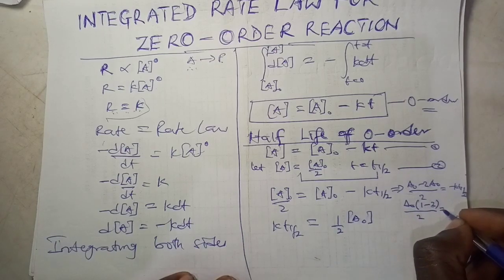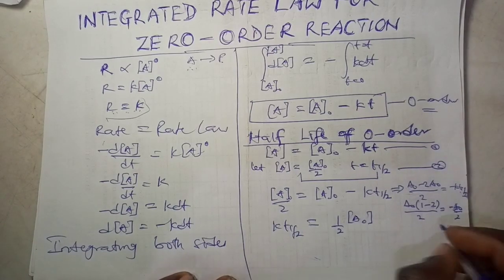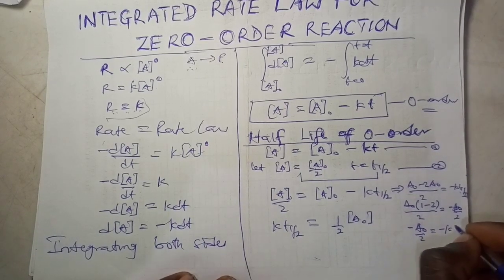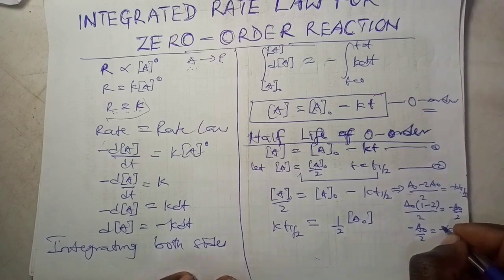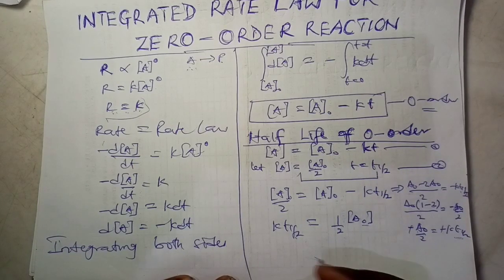So in a nutshell, you are going to be having minus A naught over 2 is equal to minus kt half. This will go out so that you can be having kt half is equal to 1 over 2 A naught. That is what comes here. Please try it just the way I've explained, you will get it.